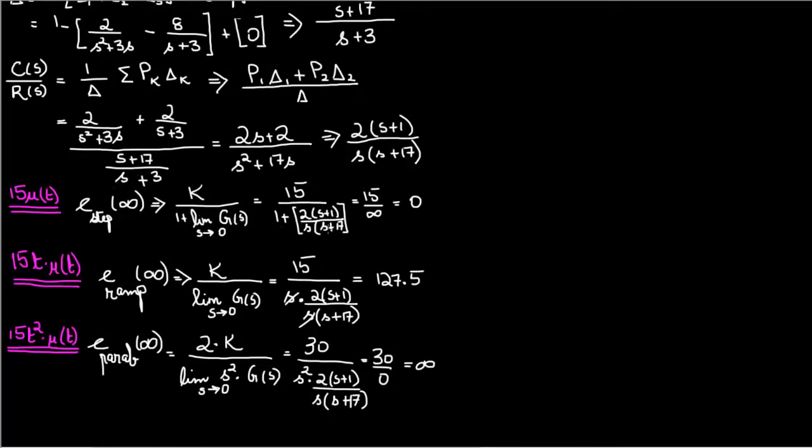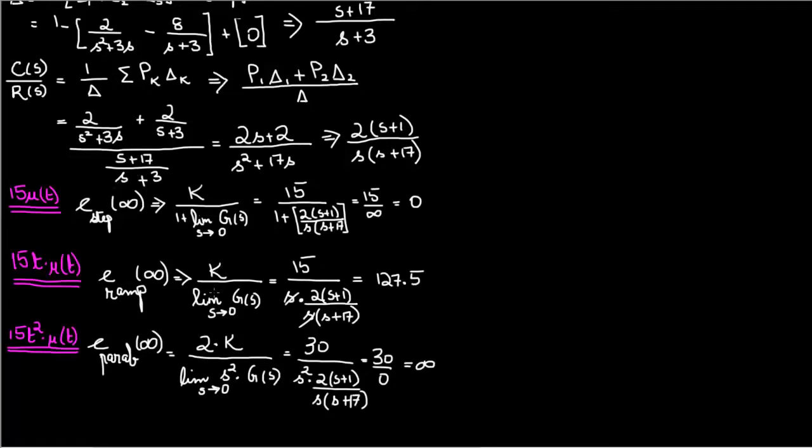Well, this term, which is infinity, is much greater than 1, so we actually neglect 1 and consider infinity to be our dominant term. So 15 divided by infinity is equal to 0.